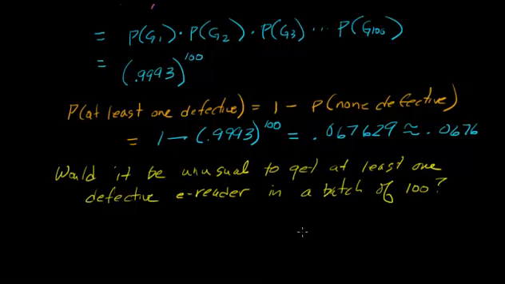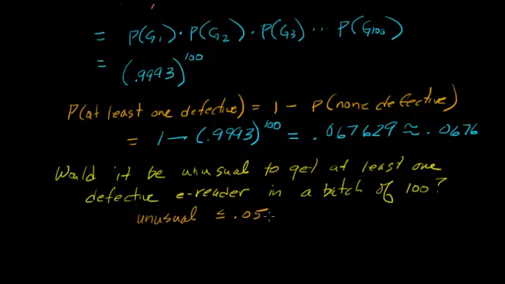What do you think? Well, our rule is it's unusual if less than or equal to 0.05. Anything less than or equal to 0.05, we call that unusual.